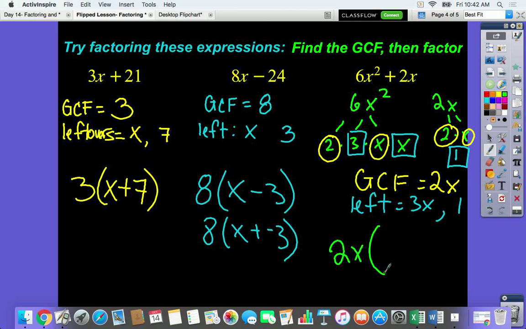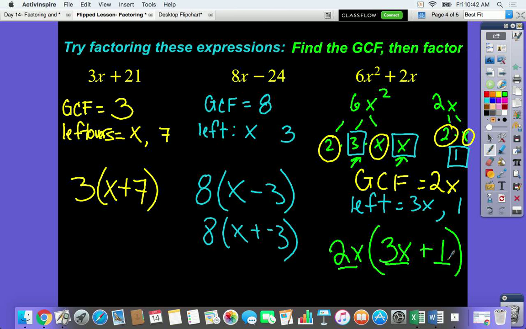When I factor out 6x squared divided by 2x, I am left with 3x. If I'm unsure, I can look back at my factor tree and see my leftovers there. What's left when I factor out a 2x from 2x? Well, it's 1. It's identity property. The factorization, or the factored form of 6x squared plus 2x is 2x times the quantity of 3x plus 1.